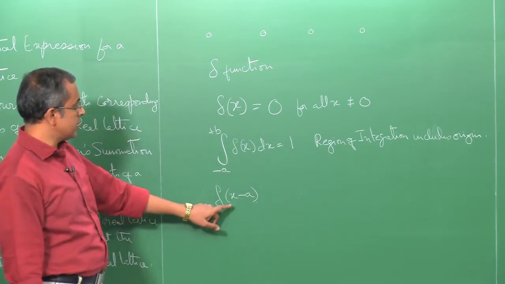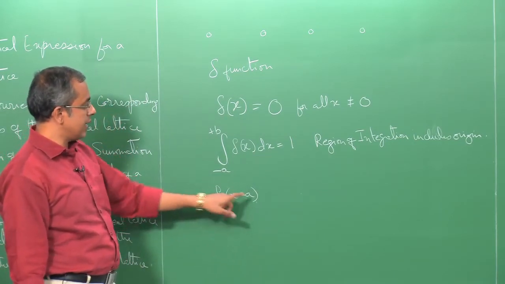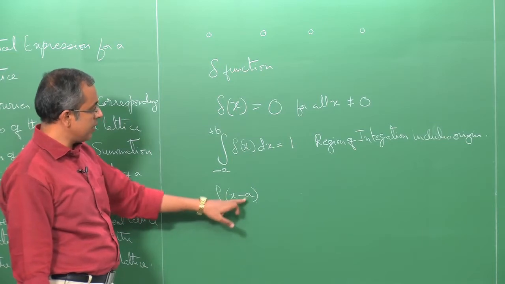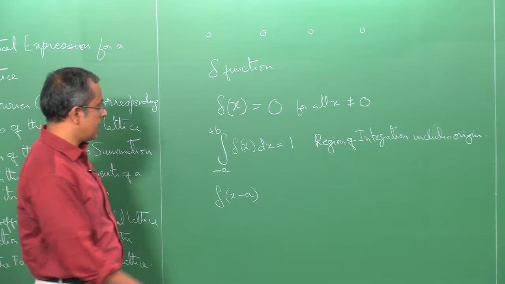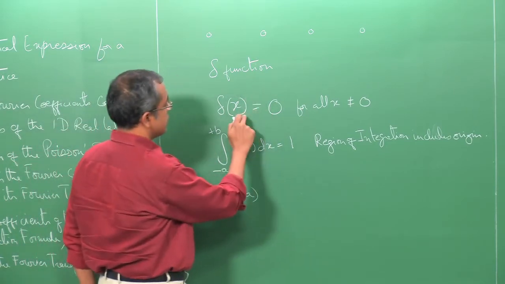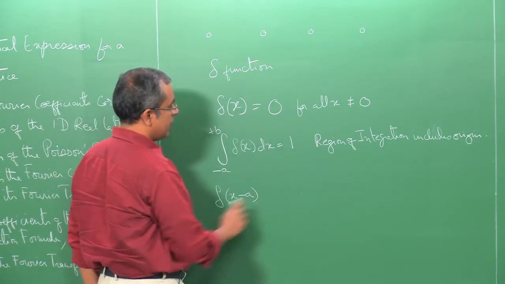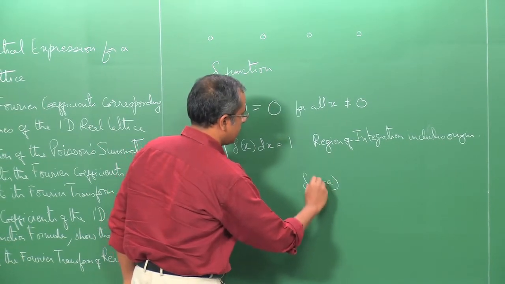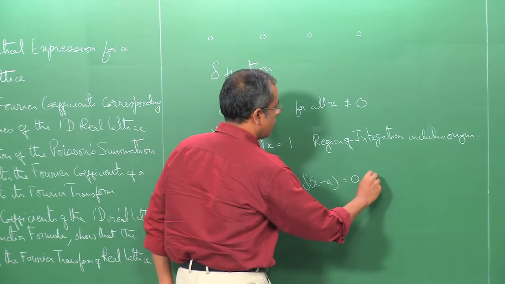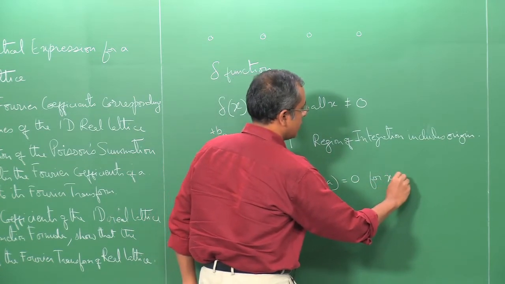Okay. So, now this puts the delta function at a location a, because this argument evaluates to 0 only when x is equal to a, right. So, similar to the point we have written here, we can say that delta of x minus a is equal to 0 for all x not equal to a.